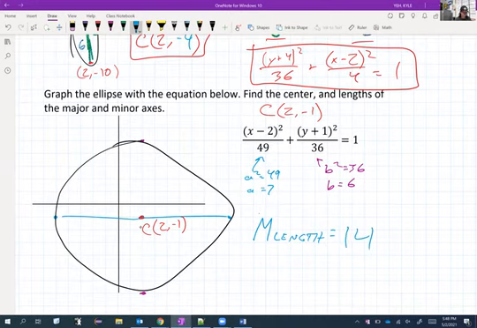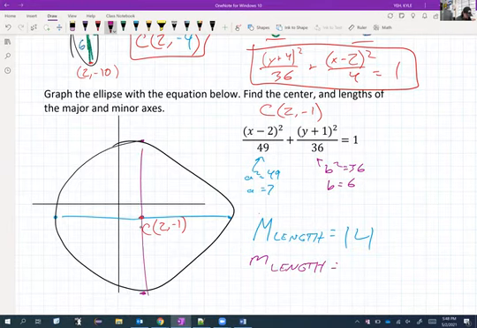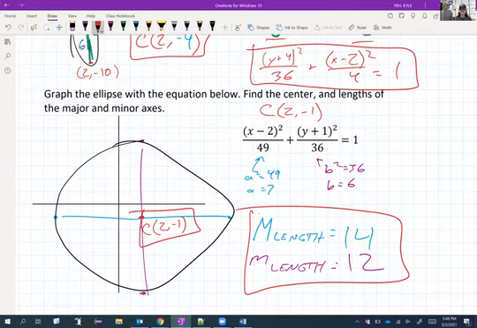Major length is 14. The minor length, and I'll abbreviate that with a lowercase m. We went 6 up, 6 down, 12. So there's the sketch of the graph, the center, and those major and minor lengths.